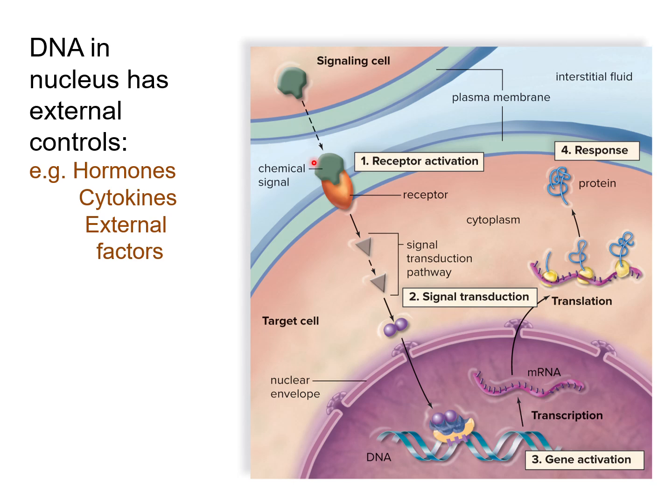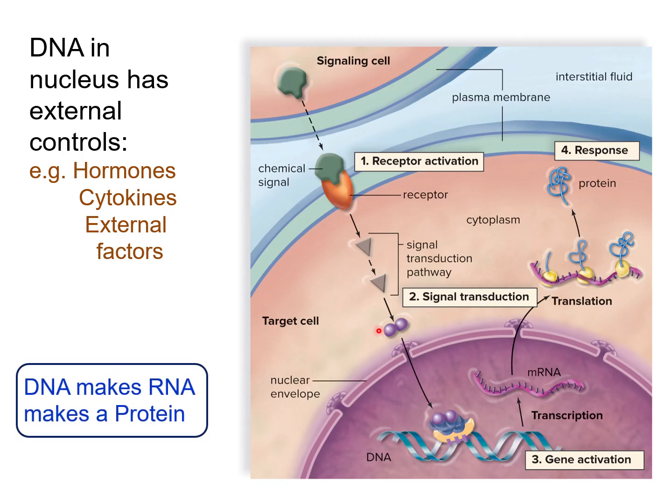So for instance, maybe we have a signal from a cell, it could be like a hormone or other types of signals that then lead to events in the cytosol that we call signal transduction. So we're turning whatever the original signal is into the language of the cellular biochemistry. And that may activate what we call a transcription factor that goes into the nucleus and determines whether or not a gene is turned on and how turned on it is.